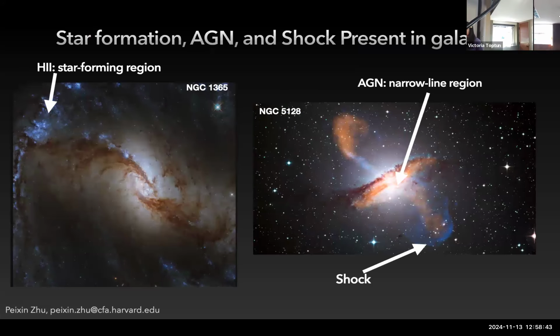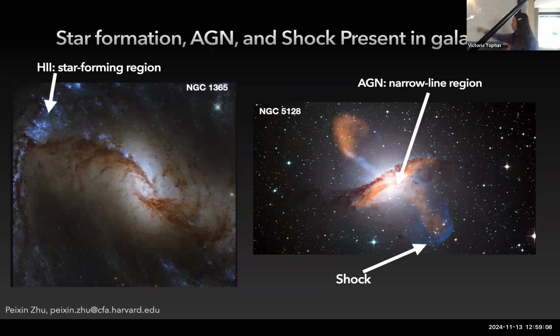Okay, so the question I'm studying is about the mixing mechanisms in galaxies. Now I'm showing you the picture of two fancy galaxies, NGC 1365 and 5128. In these galaxies, you can see on the left there are HII star-forming regions, highlighted by the blue points, and also the AGN region, residing in the galaxy center.